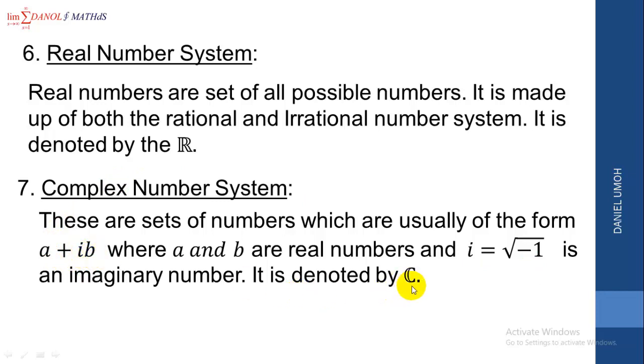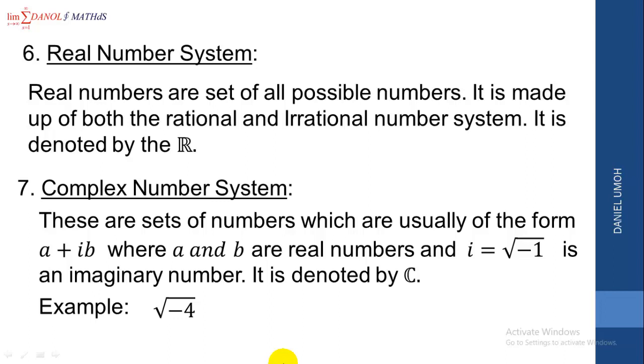Now, an example, let me show you something. If you check square root of -4, square root of -4 is not defined. If you use your scientific calculator, you press square root of -4, it will show you a mathematical error. But if you set your calculator to complex mode, it will give you the answer as 2i.